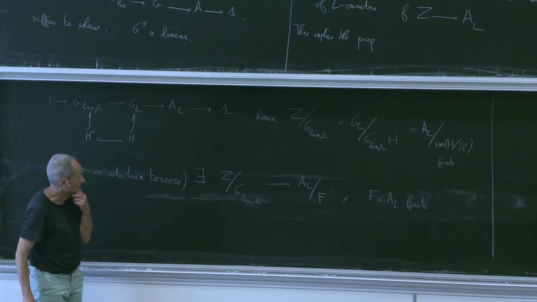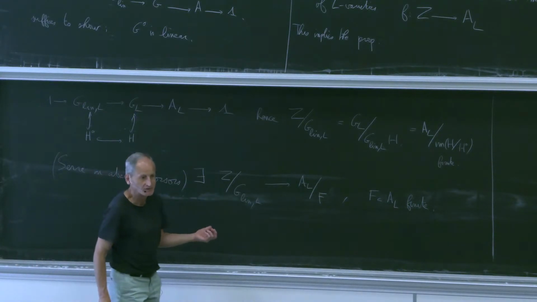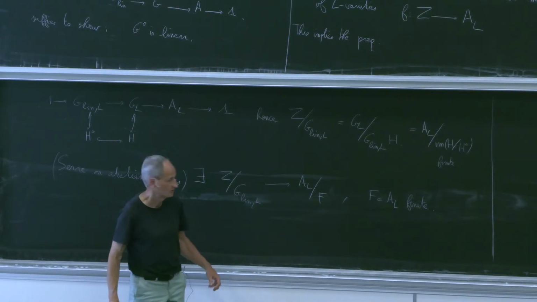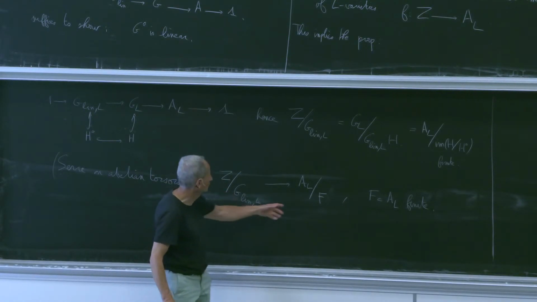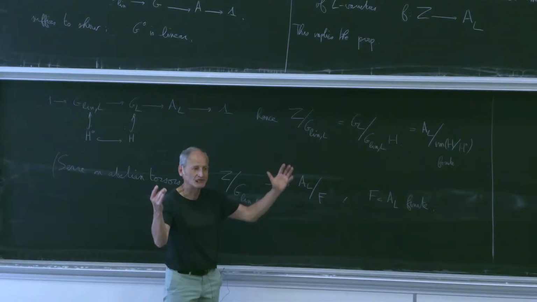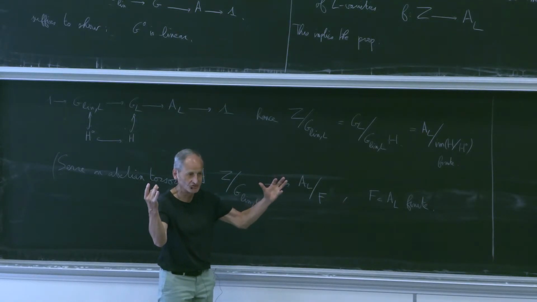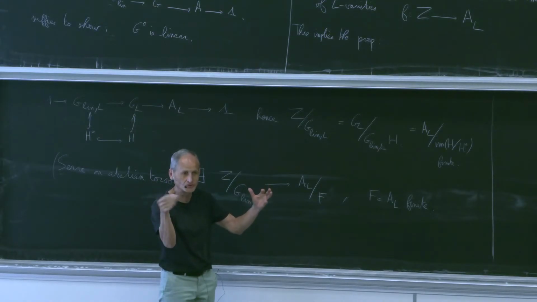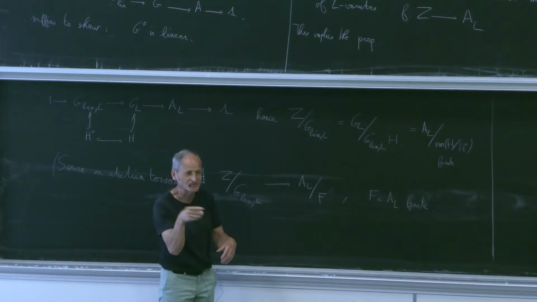If you want an idea of a proof, you can do the following. I will just wave hands. First of all, if you have a trivial torsor, then you just take AL mod F, right? If you have a non-trivial torsor, you trivialize it after a finite base extension. And on the top space, you have an action of the Galois group. And then you can take the kind of barycenter of points, sum of points.